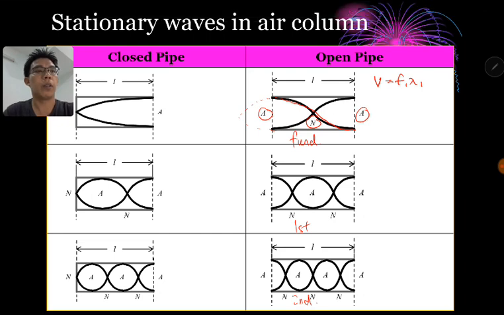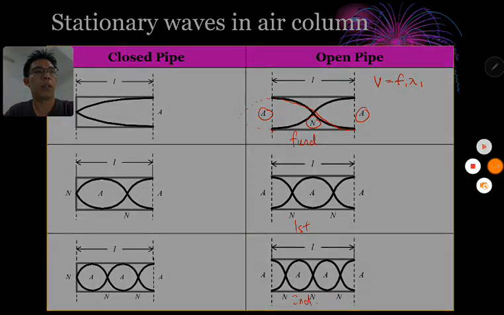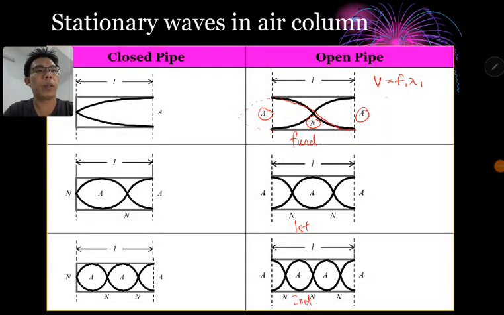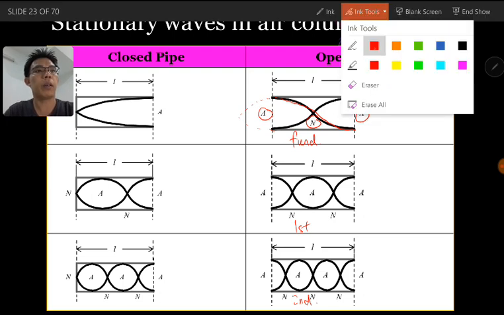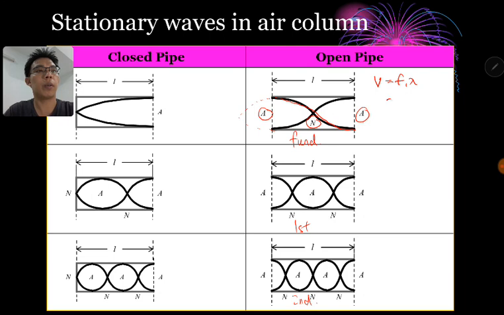Now if I change the wavelength into length, then I should get one wavelength equals 2L. Because half a wavelength is L, therefore the wavelength is 2L.